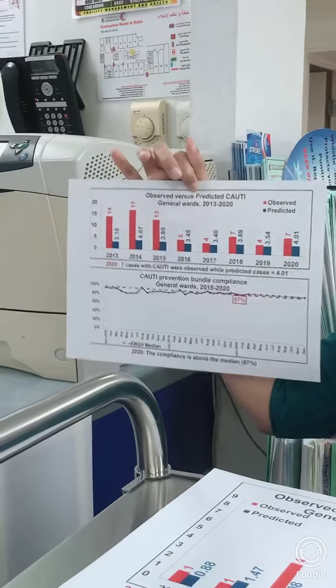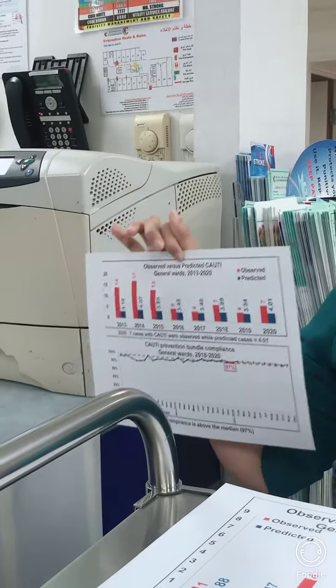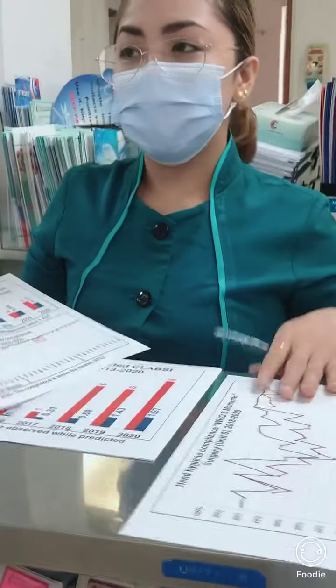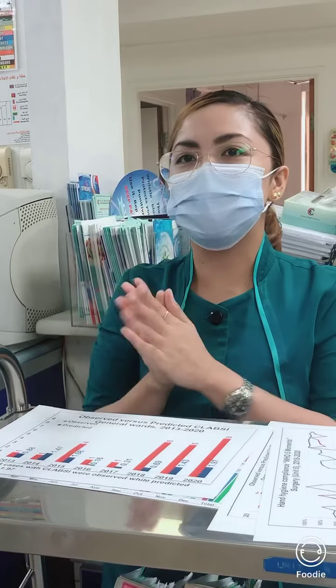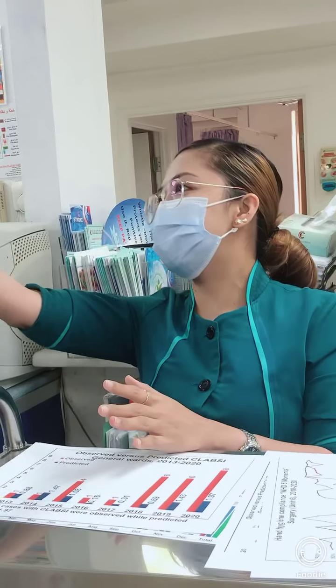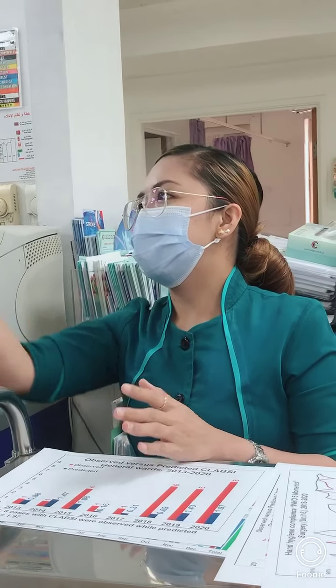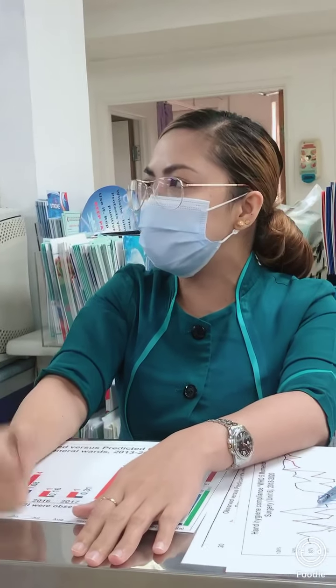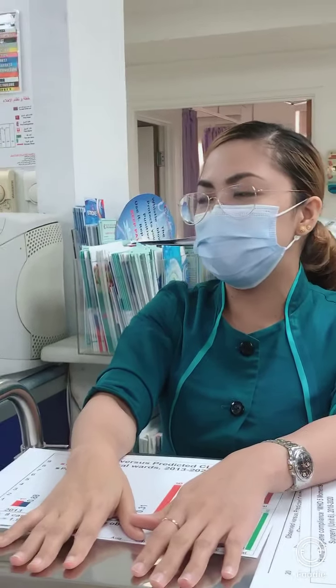So, we should comply with the CAUTI prevention bundle. So, first of all, what are the steps for the CAUTI prevention bundle? You can see it there, okay guys? First, you have to check or ask the doctor if the Foley catheter is still needed. And if it's still needed, you have to put a stamp, ask the doctor, then tick what is the indication of the Foley catheter.